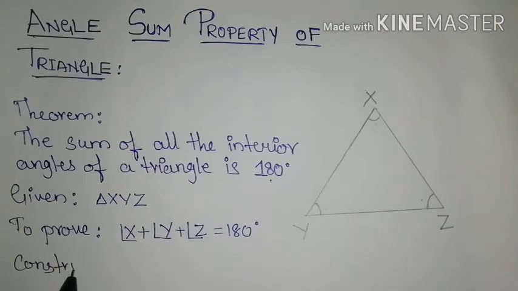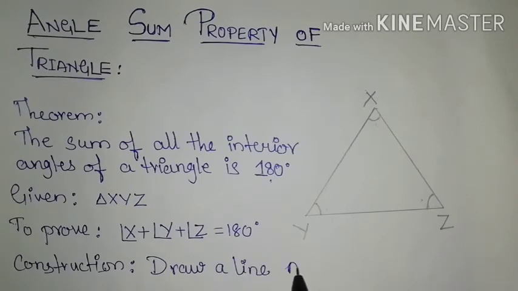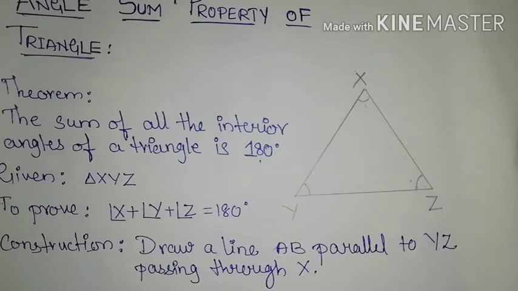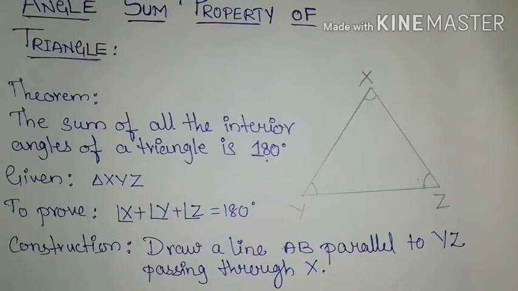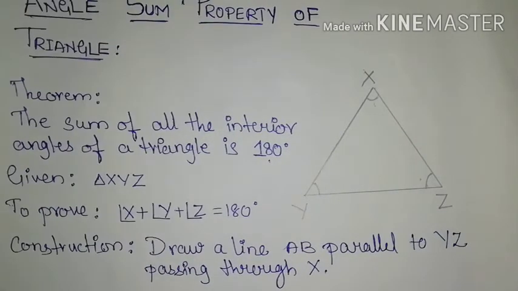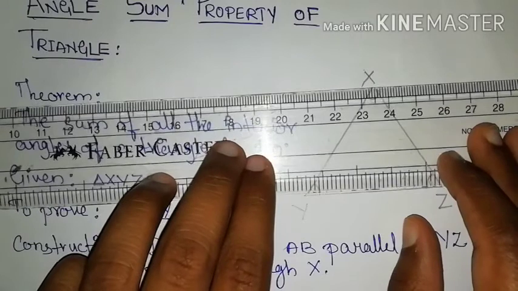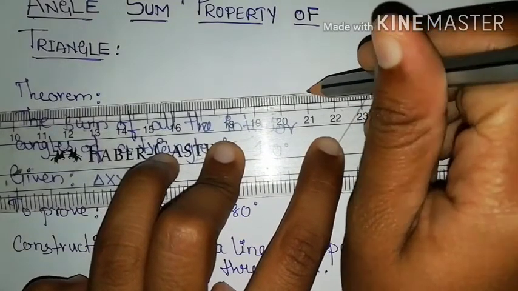Construction: draw a line AB parallel to YZ passing through X. So now let us draw a line AB parallel to the side of the triangle YZ, which is passing through our vertex X. So using our scale, let us now draw a line parallel to YZ like this.